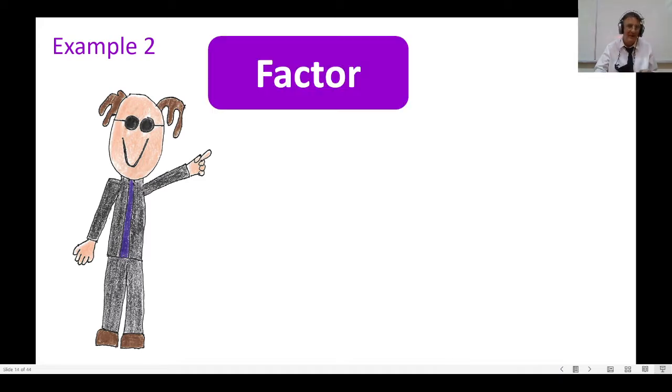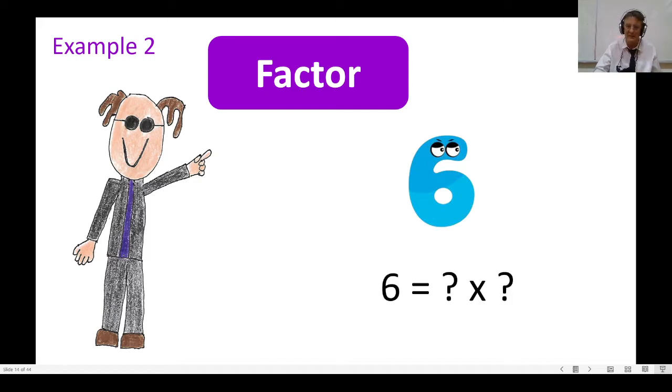Good. Okay, example number 2. Factor 6. So 6 equals what times what? What times what equals 6? Did I hear you say 2 times 3? Excellent.